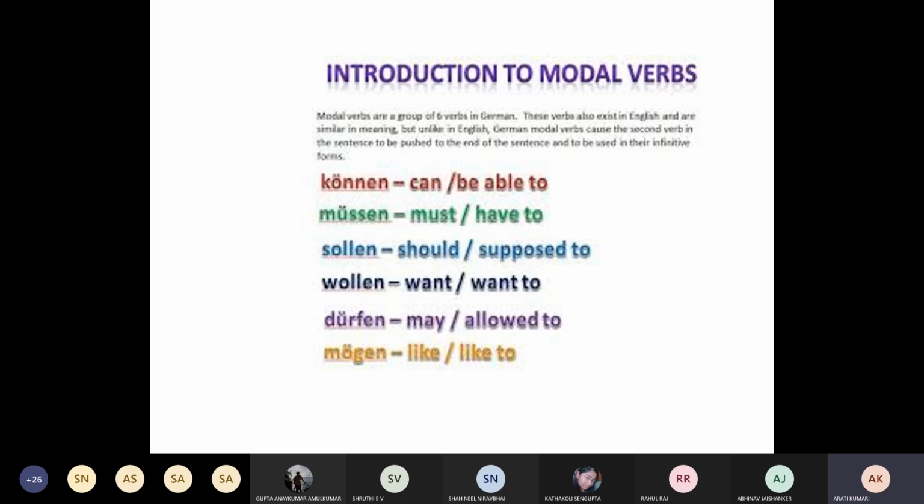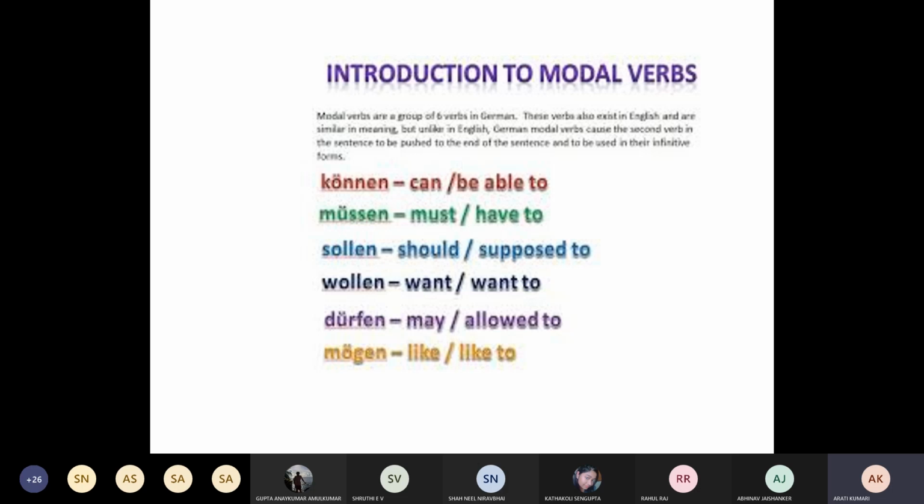We should take care of our things. Okay. So wherever you think, no, it's a duty, it's duty-bound, there we use sollen. Okay. We should prepare for the exam.